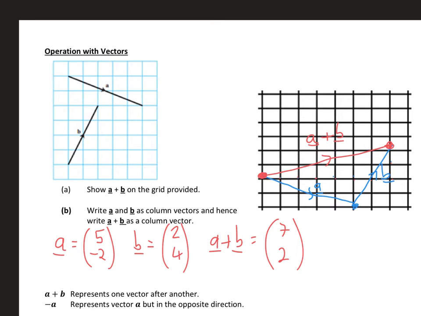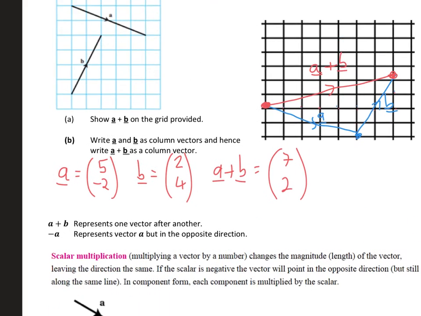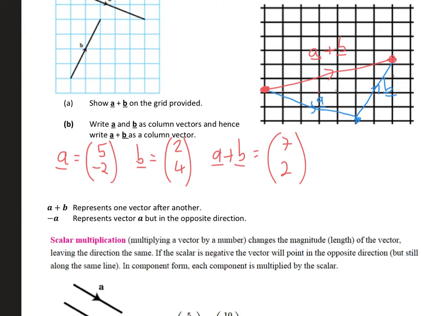Yeah, so I get the same answer by using arithmetic as I do from using a diagram. So A plus B just represents one vector followed by another, and minus A just represents the same vector, just in the opposite direction. So if A is going this way, then minus A is the exact same vector, just going the opposite way.